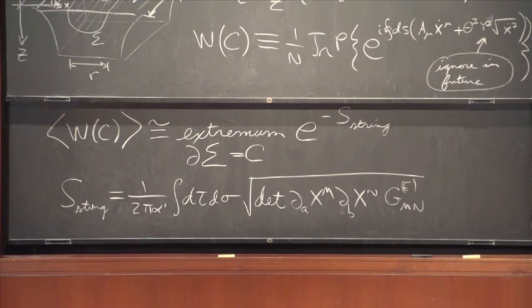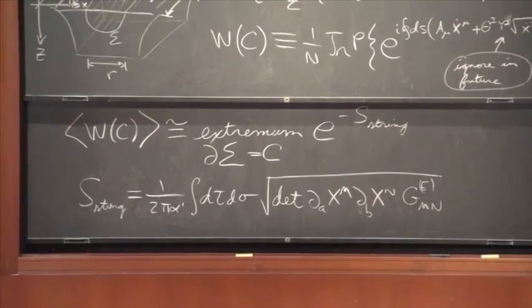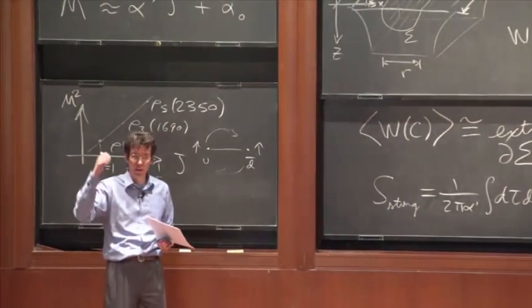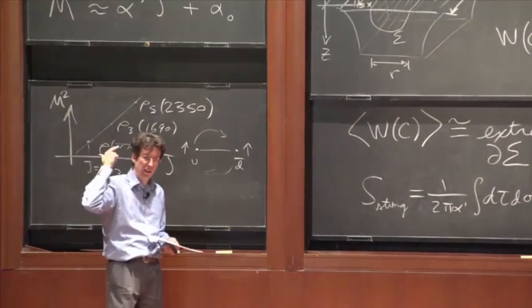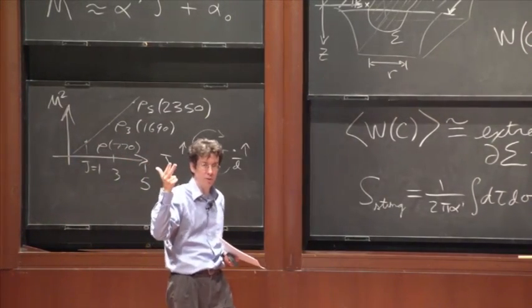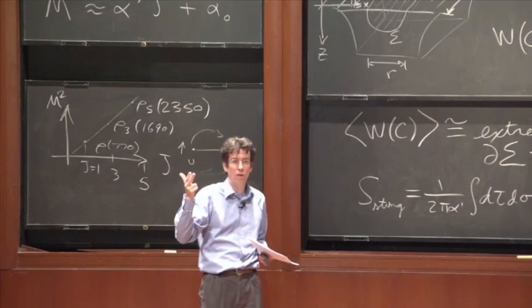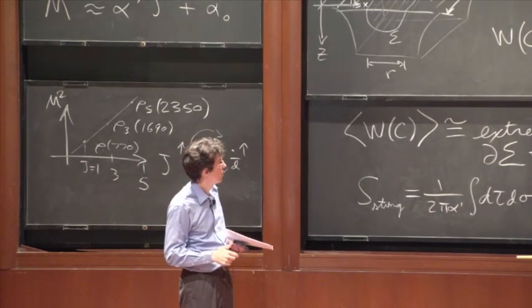Yes? What was the particle content of the theory on the boundary? The simplest answer to give you is that this works fine for N equals 4 super Yang-Mills, where the particle content is a gauge field, 4 Weyl fermions, and 6 real scalars, all in the adjoint of the gauge group. So those Y^i's are real scalars?